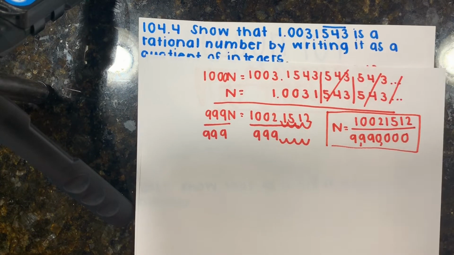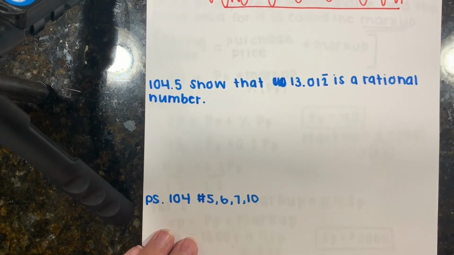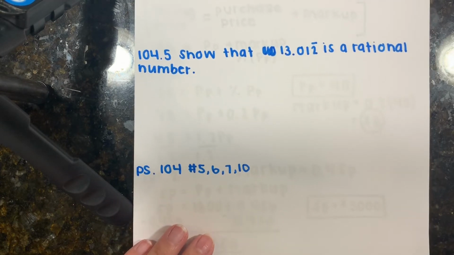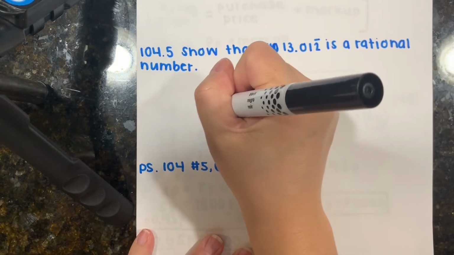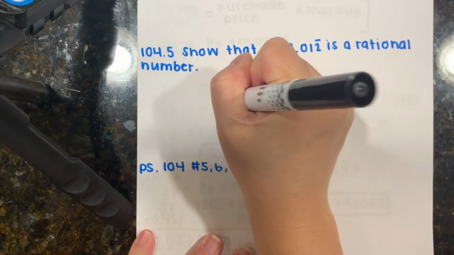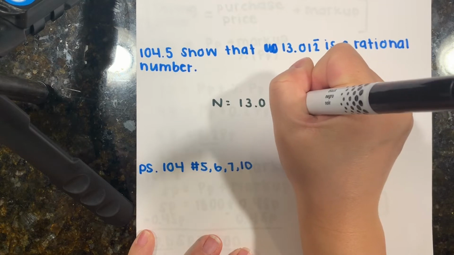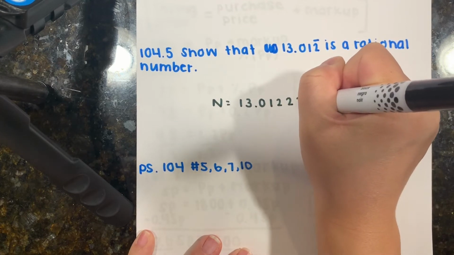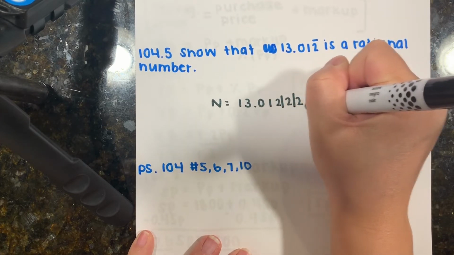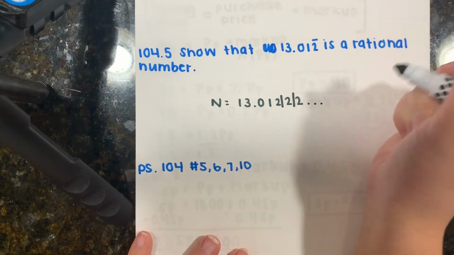So then we're going to move on to number 104.5. It says to show that 13.012 repeating decimal is a rational number. So I'm going to say n is going to be equal to 13.01222, and this is a repeating decimal.